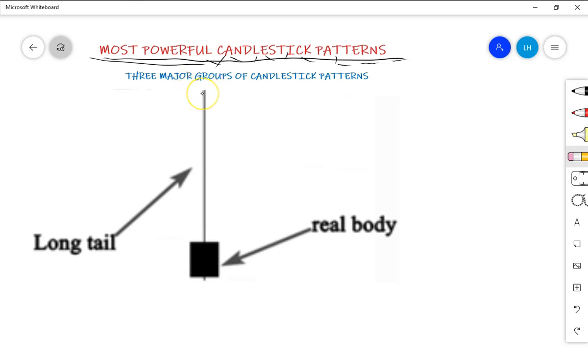Before it closed, sellers came in again, powerfully, and pushed it down until it closed below the opening price. So remember, at the beginning it opens here. Buyers may push it up, or sellers may push it a little bit down, then buyers come in up, and then sellers come in again and close just below the opening price.